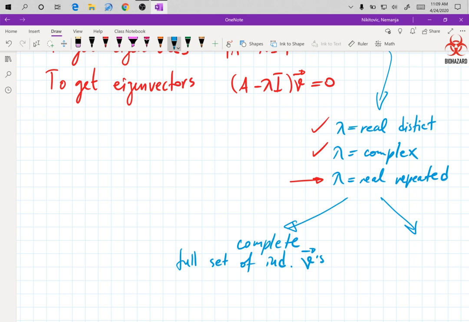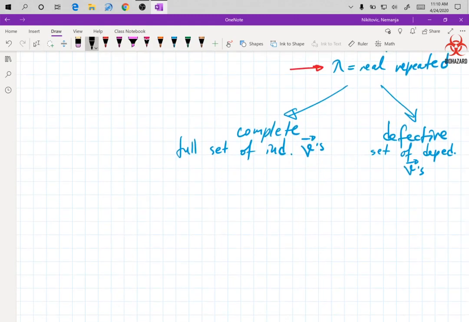And it's called defective when we have a set of dependent vectors. All right, so let's go and work on the complete case.